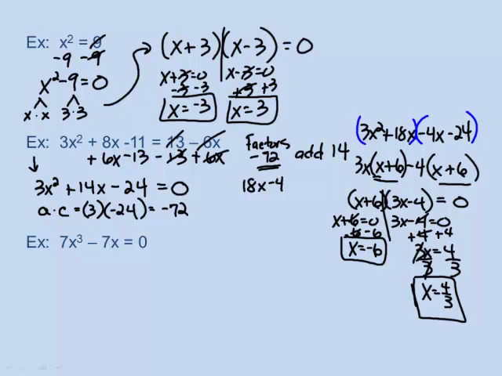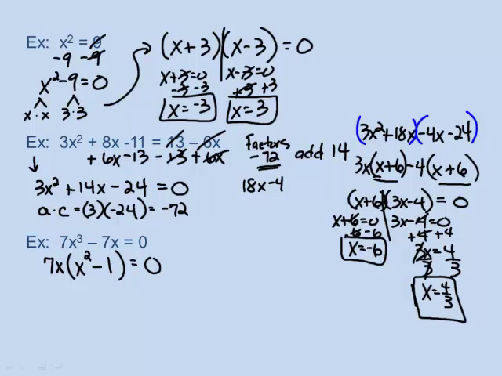Okay, this last example on this page, 7x cubed minus 7x equals 0. The equation is already set equal to 0. There are no like terms to combine. But what we can do is factor out a greatest common factor of 7x. So 7x cubed divided by 7x leaves us with x squared, minus 7x divided by 7x leaves us with 1.